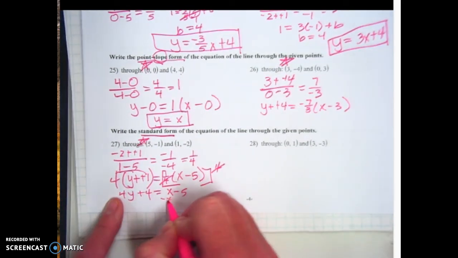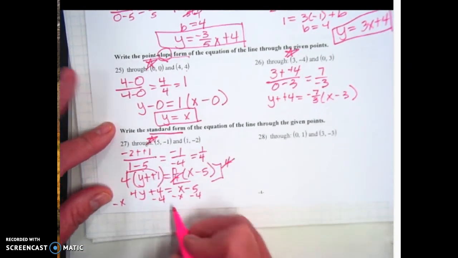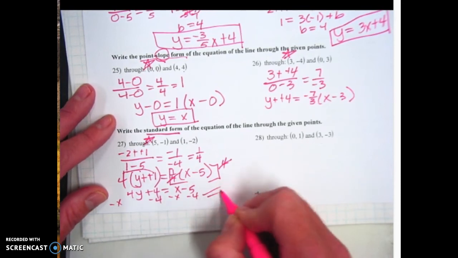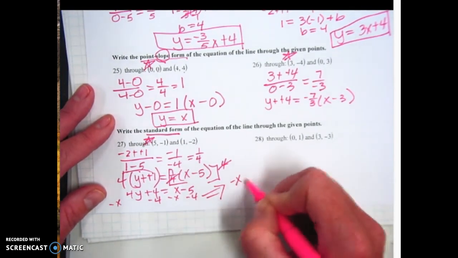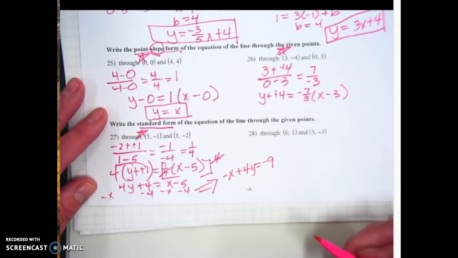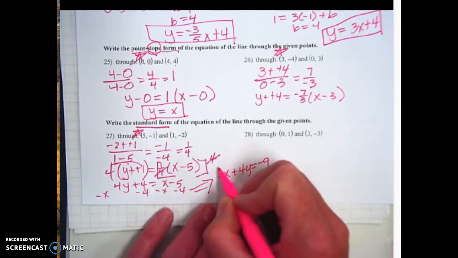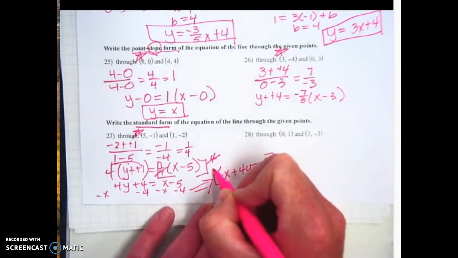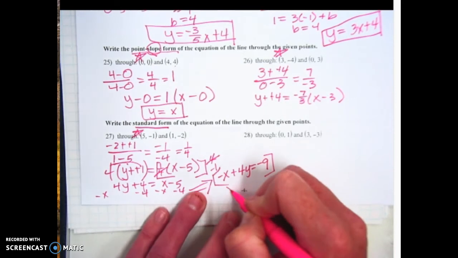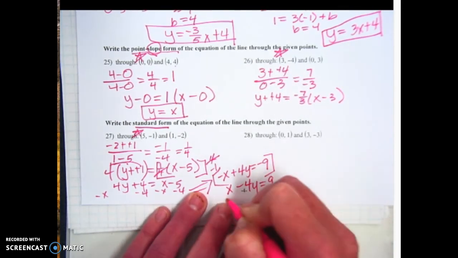So I'm going to subtract x from both sides, and I'm also going to subtract 4 from both sides, which gives us -x plus 4y equals -9. You may not see that answer if it's a multiple choice test. You might actually see the opposite of all these, and they get that by multiplying by -1. So this becomes +x minus 4y equals +9.